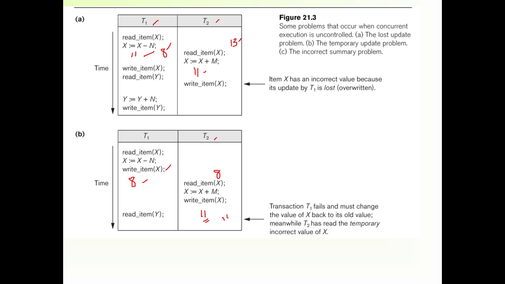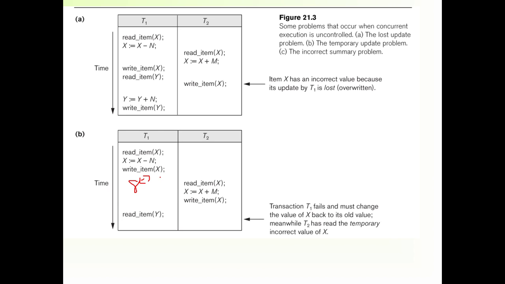But before this transaction is completed, some problem occurs. If a problem arises, this transaction is not completed, but temporarily it is stored in the buffer. It is not reflected in your disk.